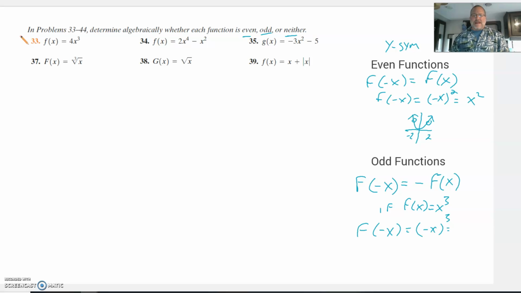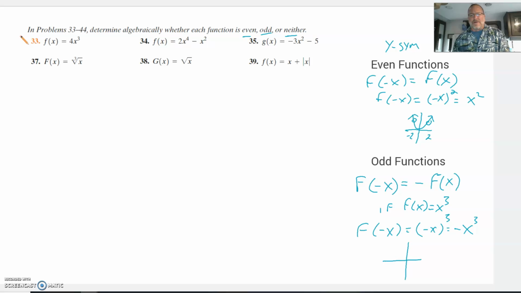If you have negative x times negative x times negative x, try to visualize that. That's cubed. You get 3 negatives, 3 x's multiplied, so you get negative x cubed. Do you see how this is simply the negative of the function, just like the rule says? So that's what an odd one is.